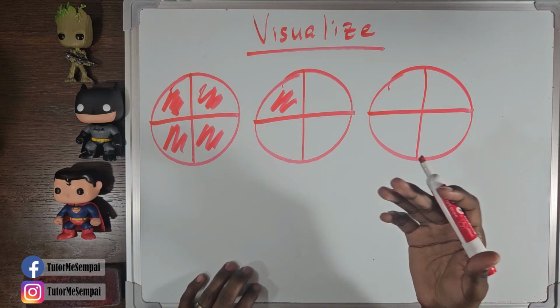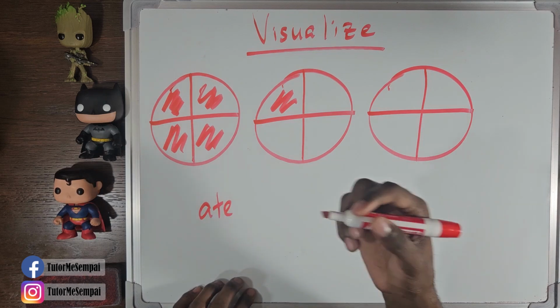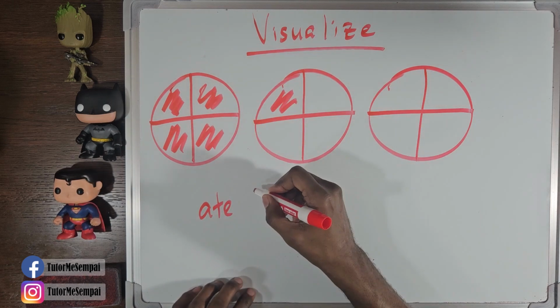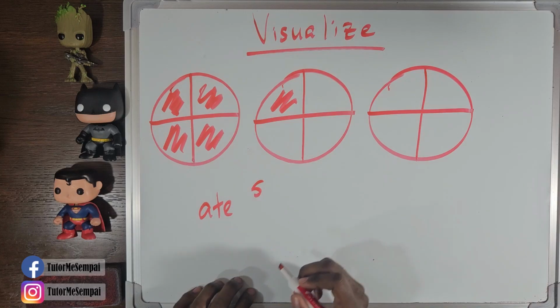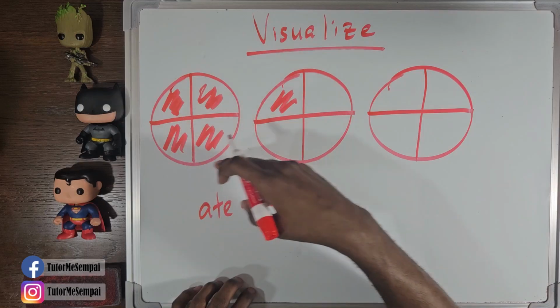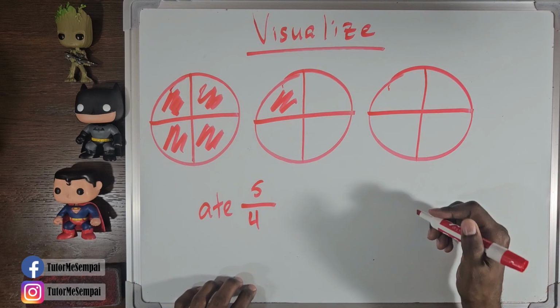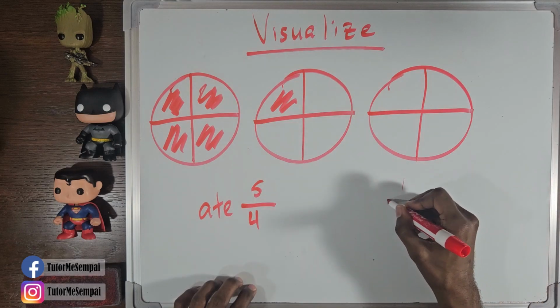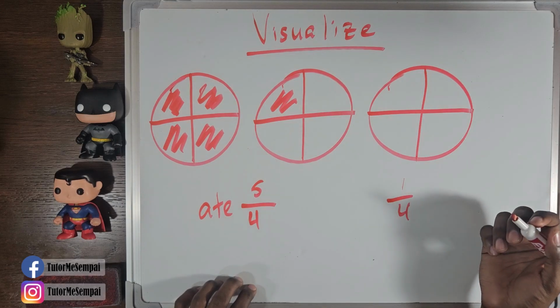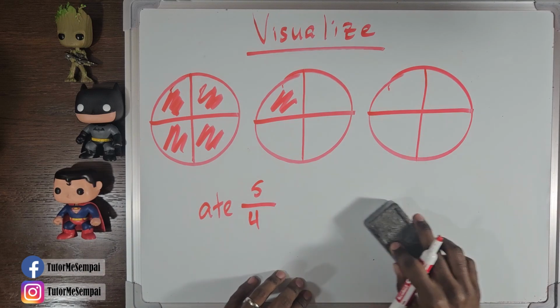So if we did the same thing, remember, we counted up how many slices? 5. And we put it over what? Well, we cut all of these into 4s. Just like we did before, where we ate 1 slice and we wrote over 4 because it was cut into 4s. We're doing the same thing here. I ate a little bit more.